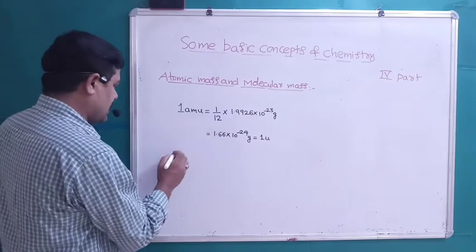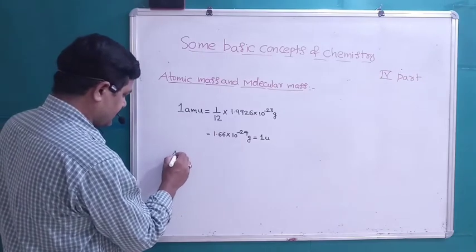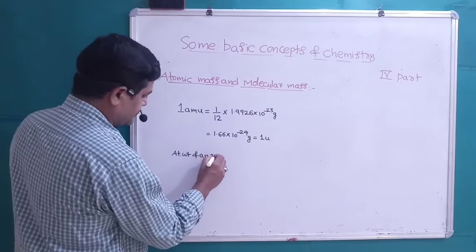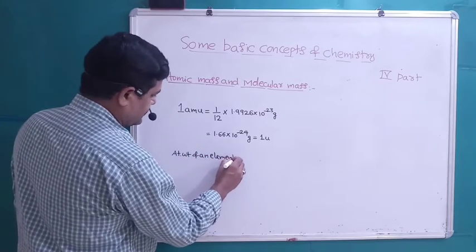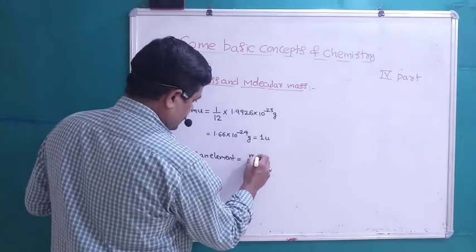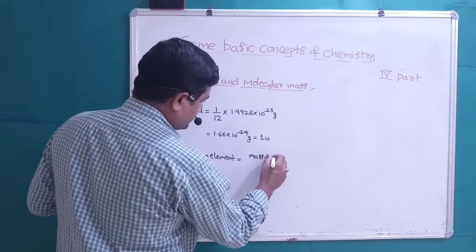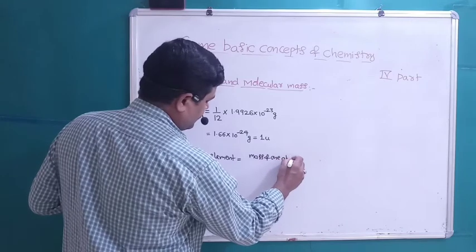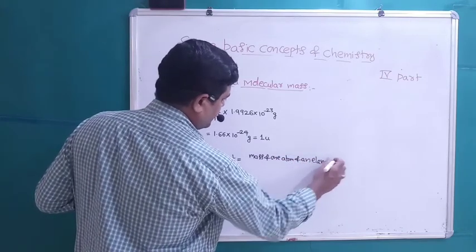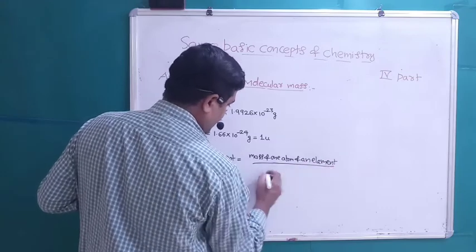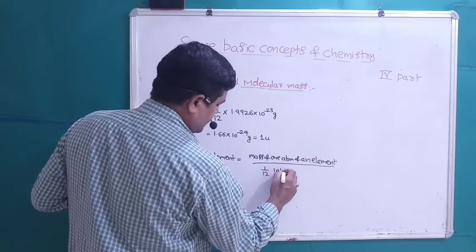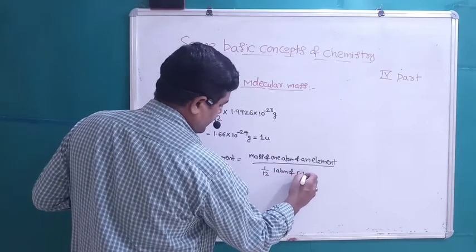So on the carbon-12 scale, atomic weight of an element is equal to the mass of one atom of an element divided by 1/12th part of one atom of carbon-12.